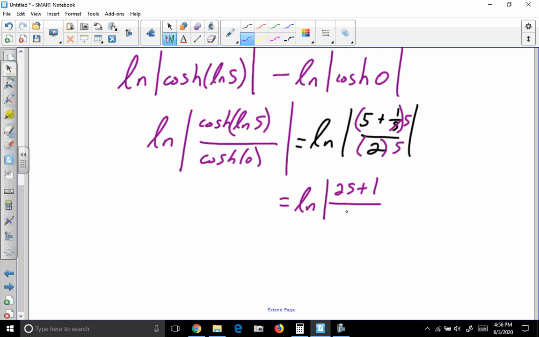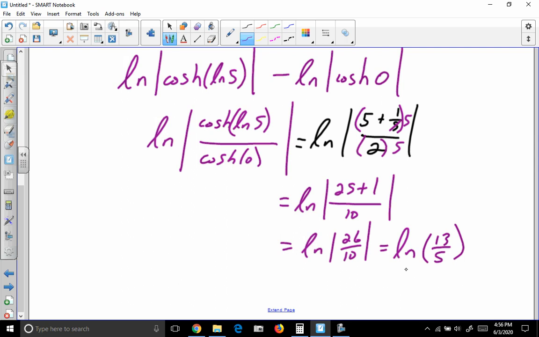On bottom, 5 times 2 is 10. So that gives us 26 over 10, which reduces. That's a positive number, so we don't have to keep it in the absolute value. So 13 over 5.